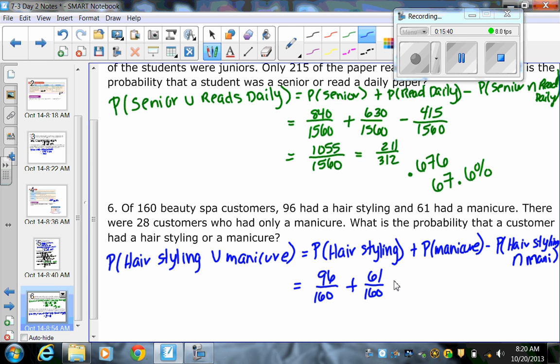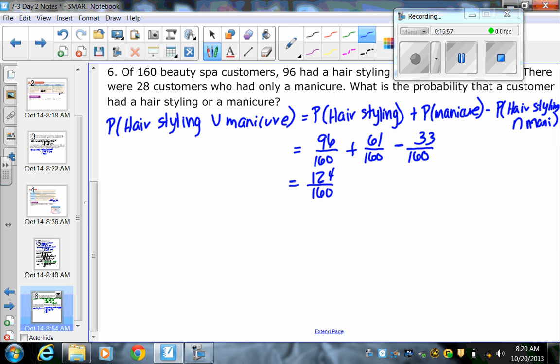And if we look at our Venn diagram from yesterday, there were 33 in that overlapping section. So 96 plus 61 minus 33 leaves me with 124, which will reduce down to 31 out of 40, or 0.775, or 77.5%.